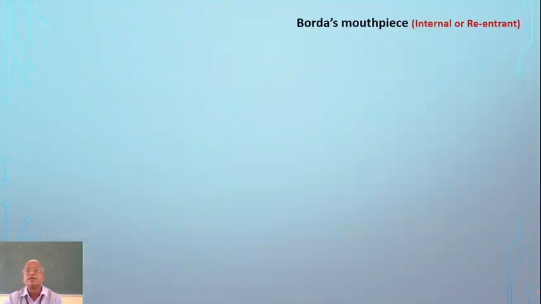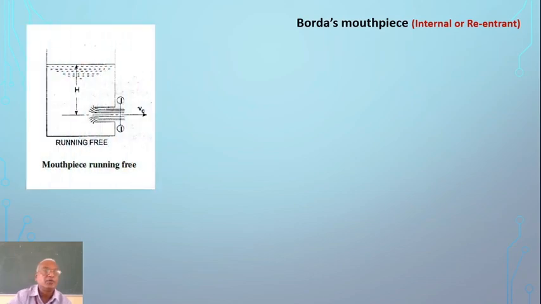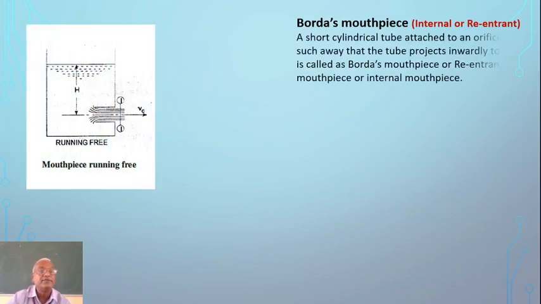Borda's mouthpiece, also called an internal mouthpiece or a re-entrant mouthpiece, is a short cylindrical tube attached to an orifice in such a way that the tube projects inwards into the tank.